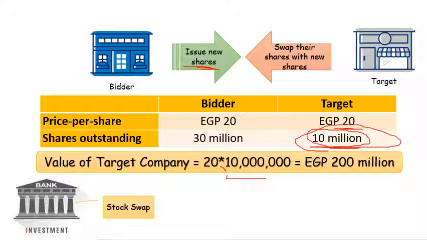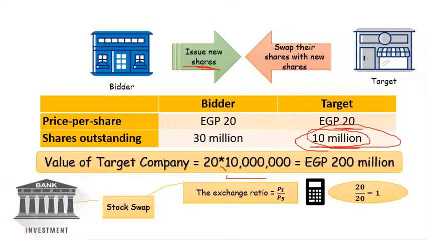So the investment bank will calculate what is called the ratio of exchange or exchange ratio, in which the current price of the target company will be divided by the current price of the bidder. So in our case, both the bidder and the target have the same current market price.